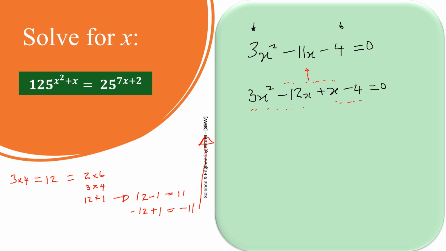The first two terms are 3x squared minus 12x.